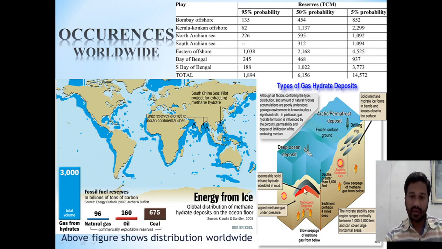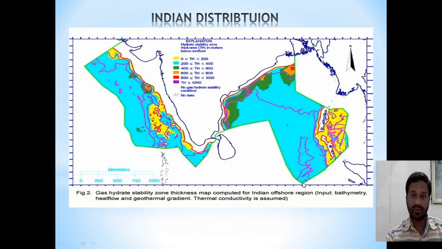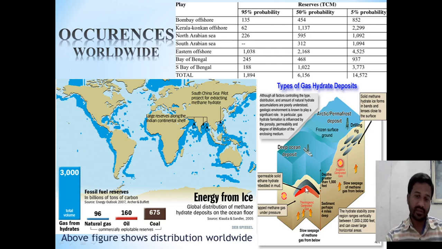See here, before I just talked that these mud deposits make a barrier, meaning they do not allow these gas hydrates or methane gas to be released from there.